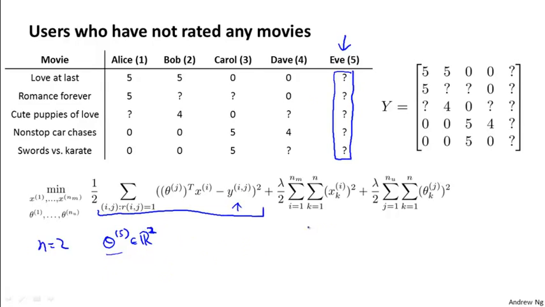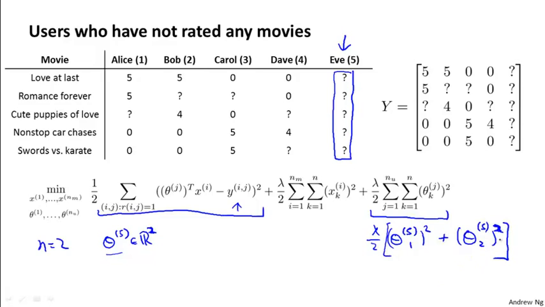And so the only term that affects theta 5 is this term. We're saying that we want to choose vector theta 5 so that the regularization term is as small as possible. In other words, we want to minimize this lambda over 2 times theta 5 subscript 1 squared plus theta 5 subscript 2 squared. That's the component of the regularization term that corresponds to user 5.